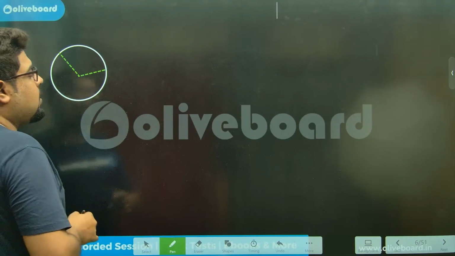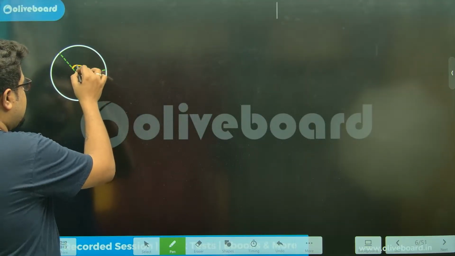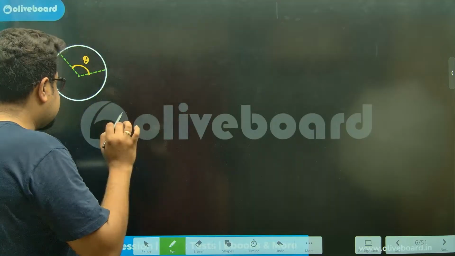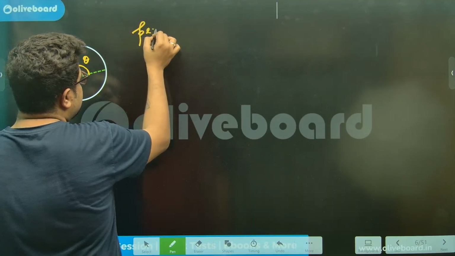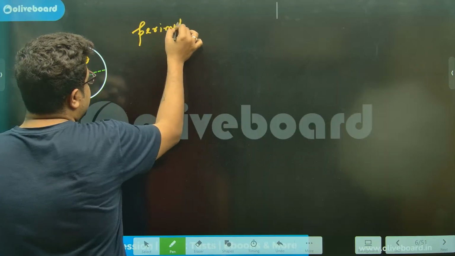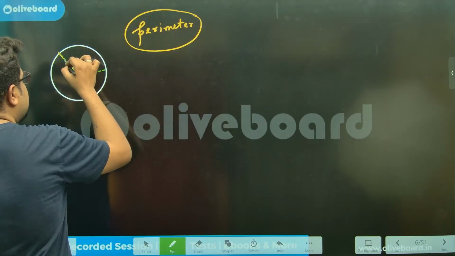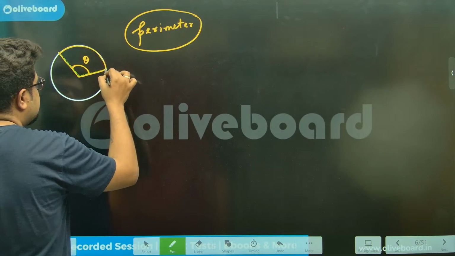Now they are not asking you to find the area of the arc, and this angle is given as theta or something. So they are asking you to find the perimeter of this arc or of this part.